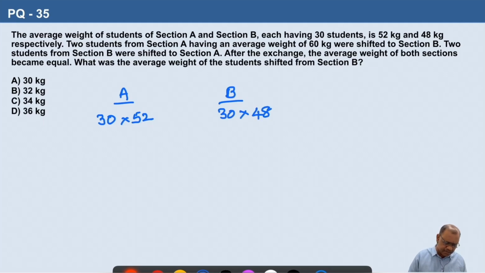So this will become 3 2s are 6, 3 5s are 15, 3 8s are 24, 1440.